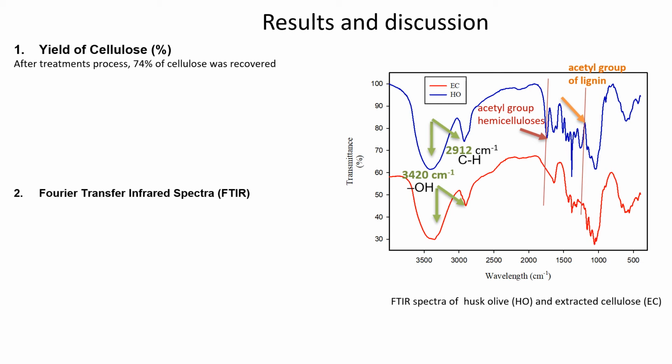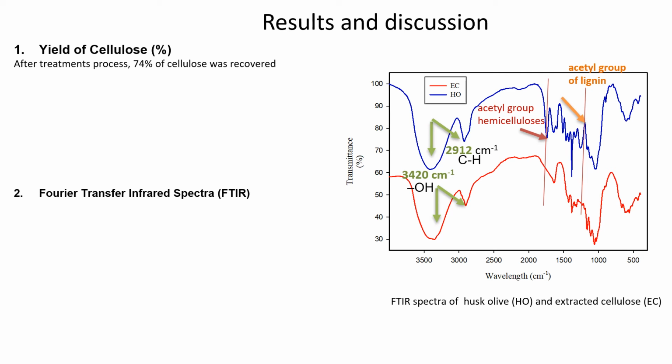However, after all treatments, the spectrum shows no more peaks indicating the presence of lignin, hemicellulose, or pectin. Therefore, we can conclude that the elimination of lignin, hemicellulose, and pectin from olive husk is effectively done.